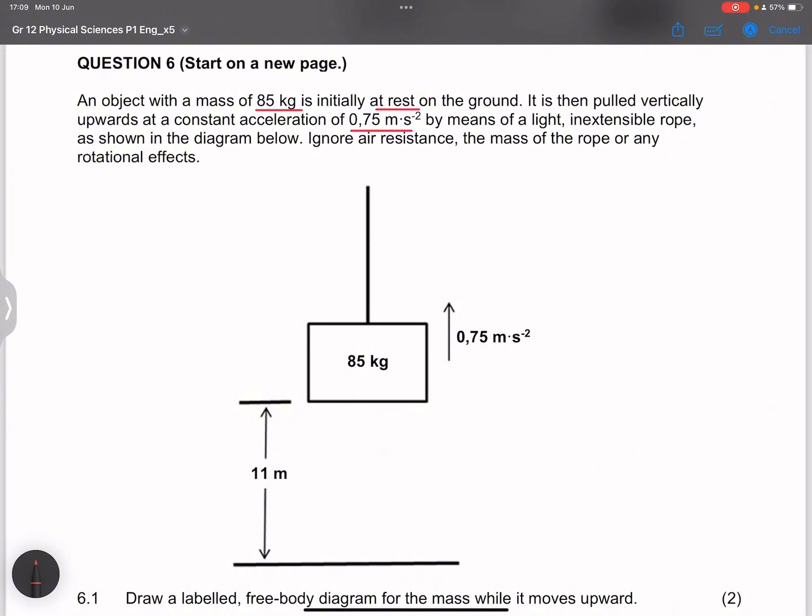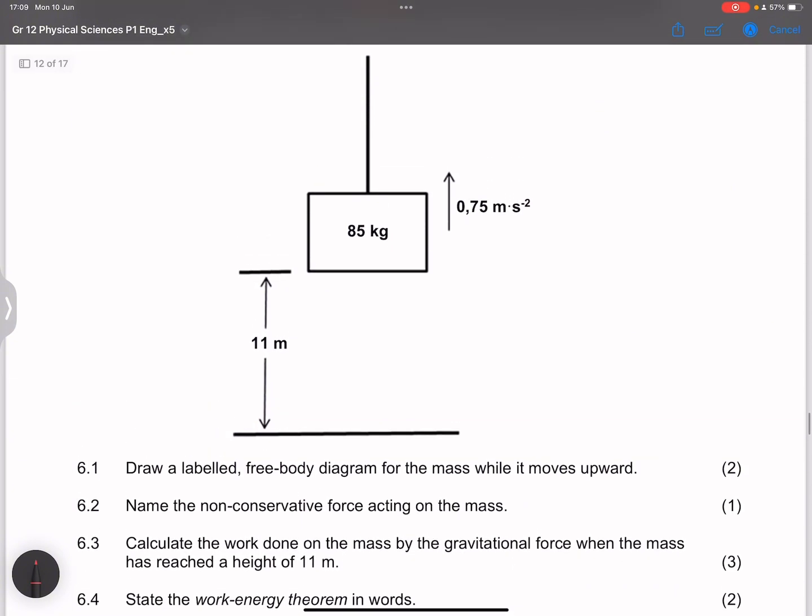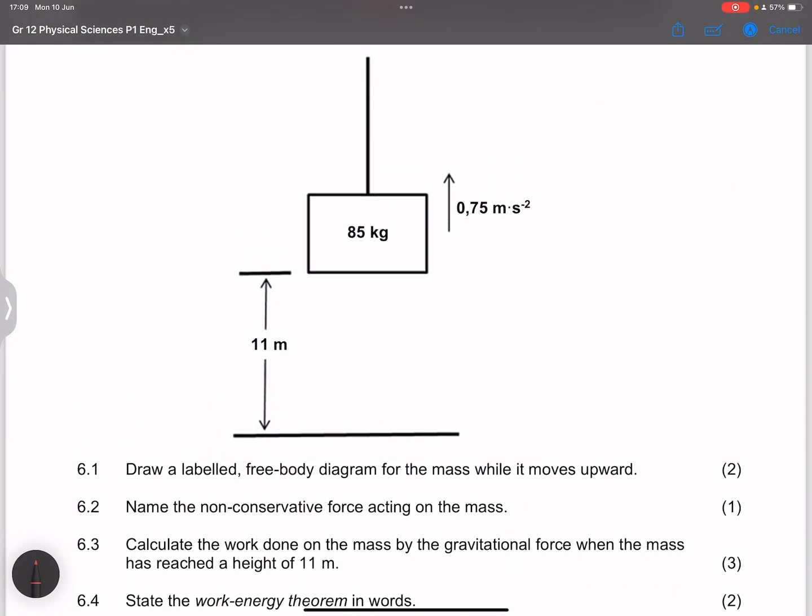They said by means of a light inextensible rope as shown in the diagram below. Ignore air resistance, the mass of the rope, or any rotational effects. So they say draw a labeled free body diagram for the mass while it moves upwards.